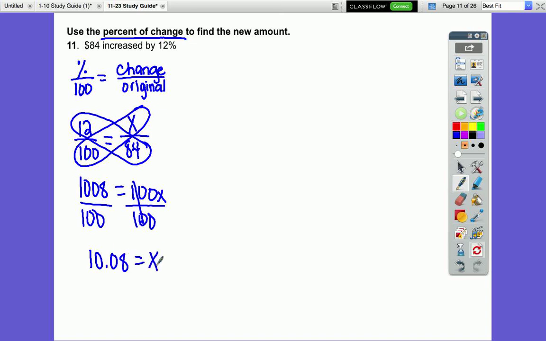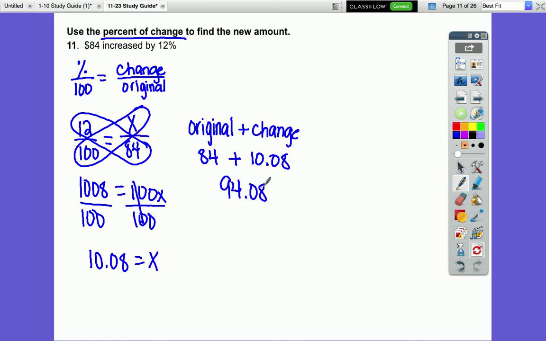That is the amount of change. So we know that it is an increase. So we're going to take our original amount and add it to the change. So our original amount was $84. You're going to add that to $10.08, which will give you $94.08.